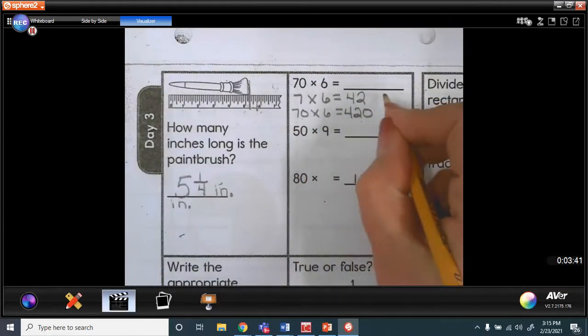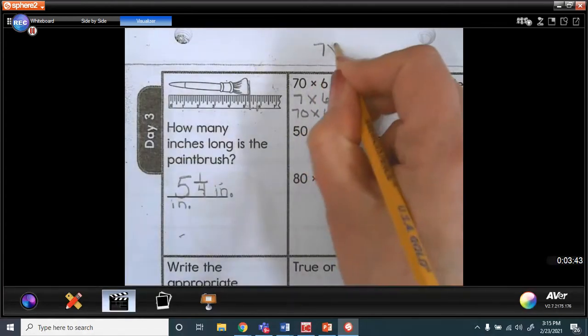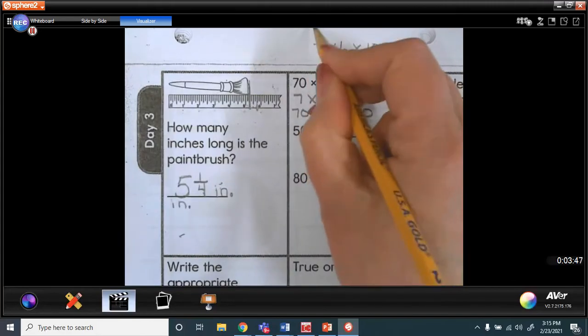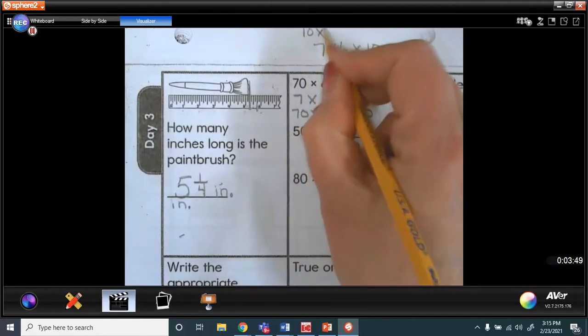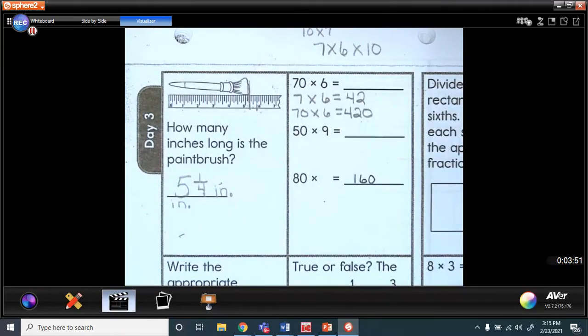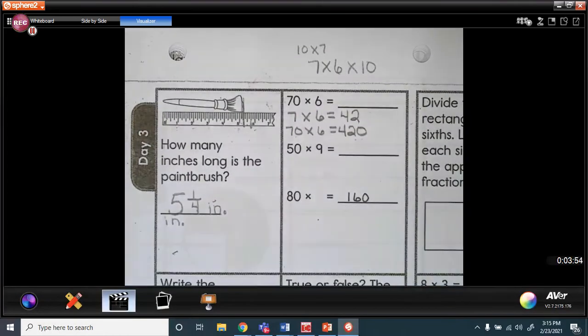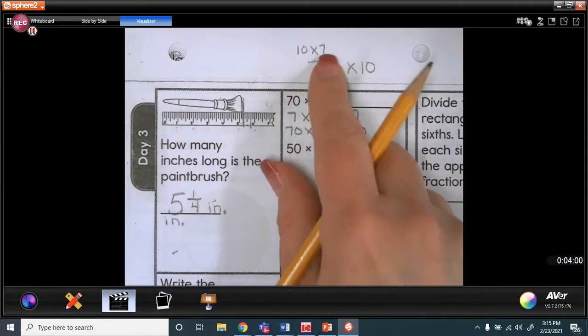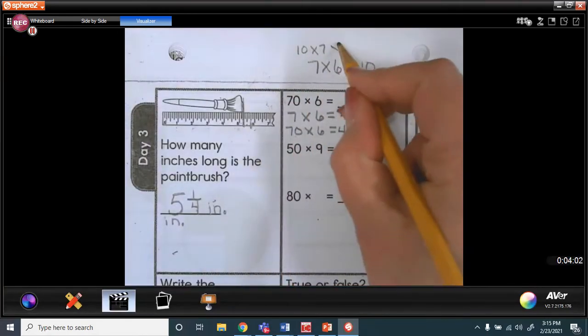Or you could also think of it this way, 7 times 6 times 10. Because what is 70? It's 10 times 7, right? So we could even think about it as 3 factors instead of just 2 factors of 70 times 6. We could think of it as 10 times 7 times 6.